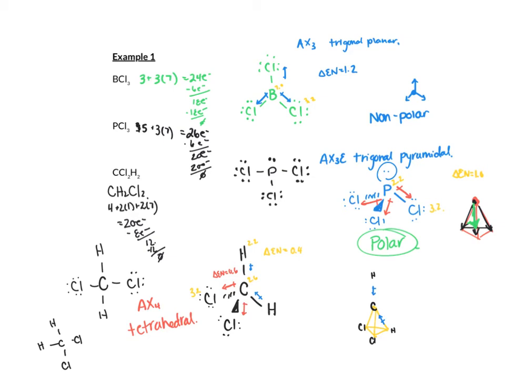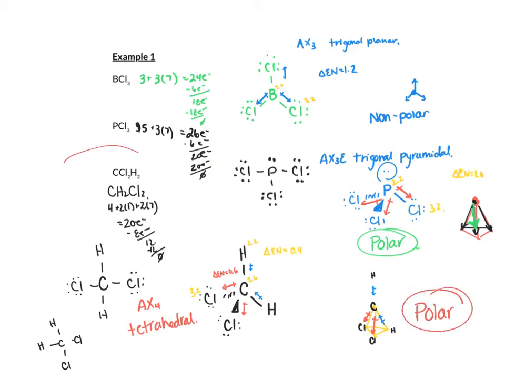So technically, our carbon would move this way if there was nothing else bonded to it. However, we have these chlorines, and they are pulling downwards a little bit and towards the side that carbon was already being pushed towards. So carbon moves in this case, and this is considered a polar molecule.